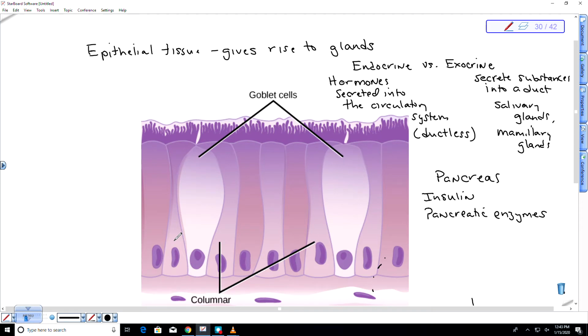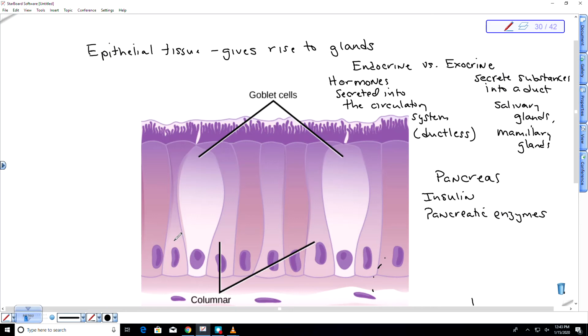Our master control gland is actually the pituitary gland. So we'll talk about how the pituitary is coordinated with the brain and how it produces hormones that are secreted and help to regulate our cycles, including our metabolism, like the thyroid gland.